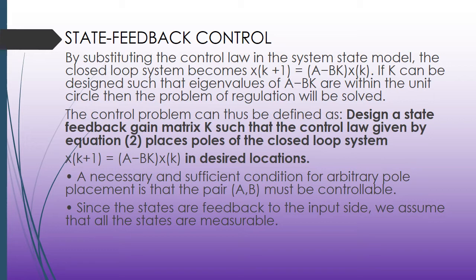A necessary and sufficient condition for arbitrary pole placement is that the pair (A, B) be controllable. Since the states are fed back to the input side, we assume that all states are measurable.